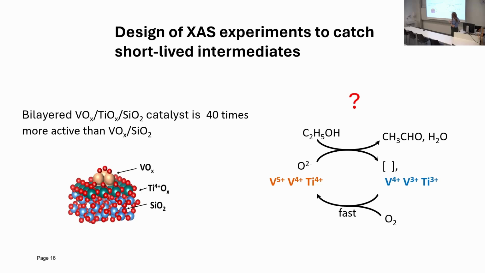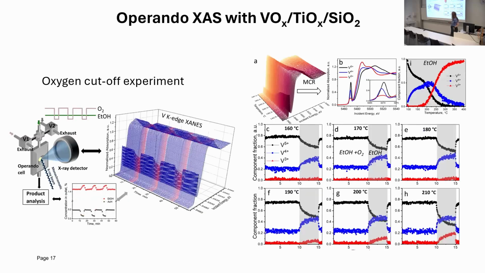We wanted to pick out which redox couple is active. To do it, we decided to perform transient experiments, basically by periodically switching off the oxygen supply. We did it in a setup with an operando reactor, where we put sieved catalyst powder in the cell.